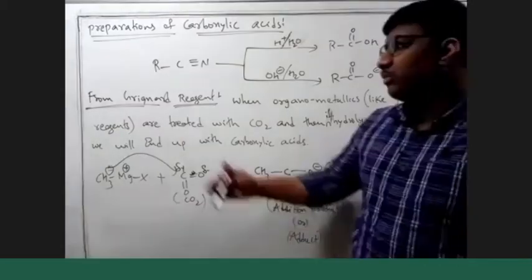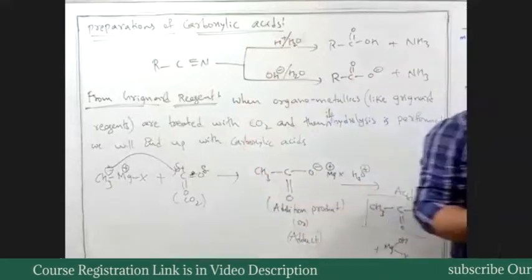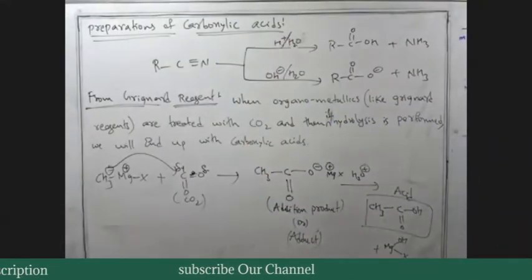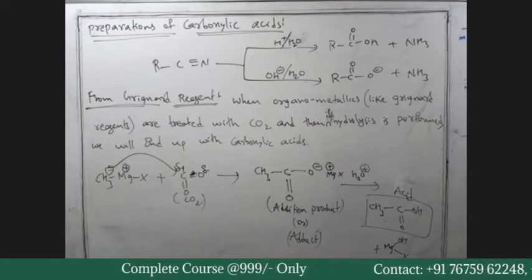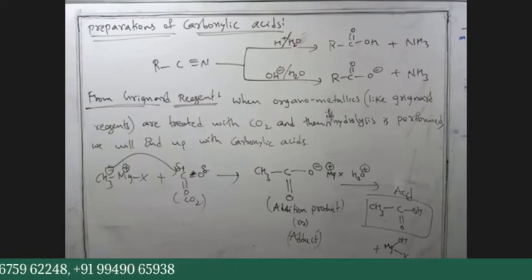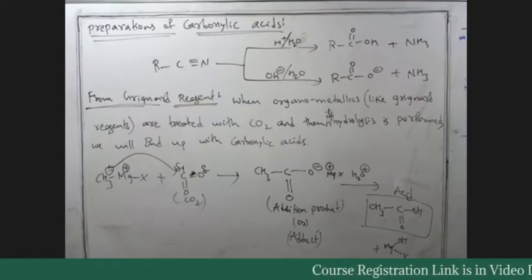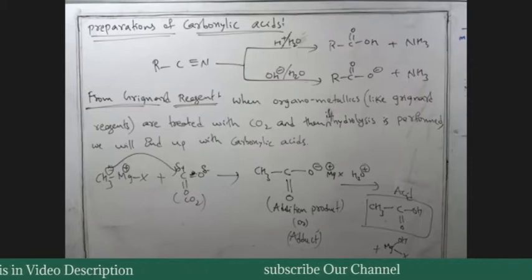But if you can see, both Grignard reagents and cyanates can be prepared from alkyl halides. How can we prepare a Grignard reagent from an alkyl halide? Ajay says insertion reaction.